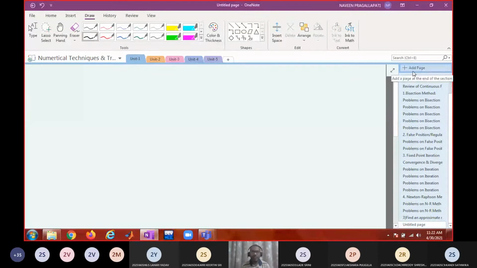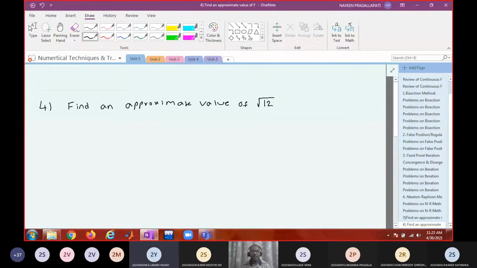So note down the next problem. Find an approximate value of... Are you able to see the screen? Yes, sir. Okay.